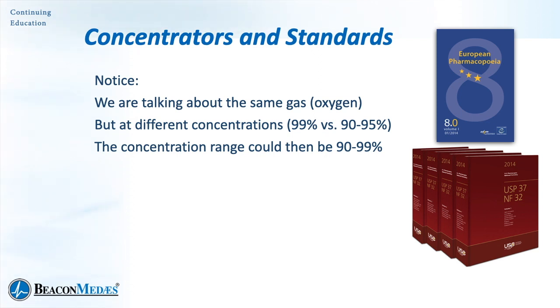Well, this gets a little tricky because the monographs in the pharmacopoeias talk only about the gas between 90 and 95. Now, keep in mind, we're talking about the same gas, we're talking about the same therapeutic benefit and the same therapeutic application. It's just there is this legal question about what is that gas that's between those two numbers.